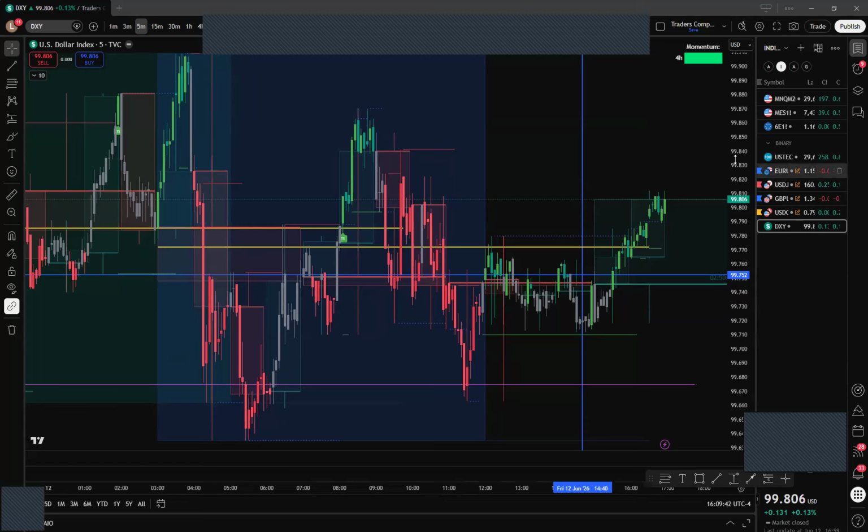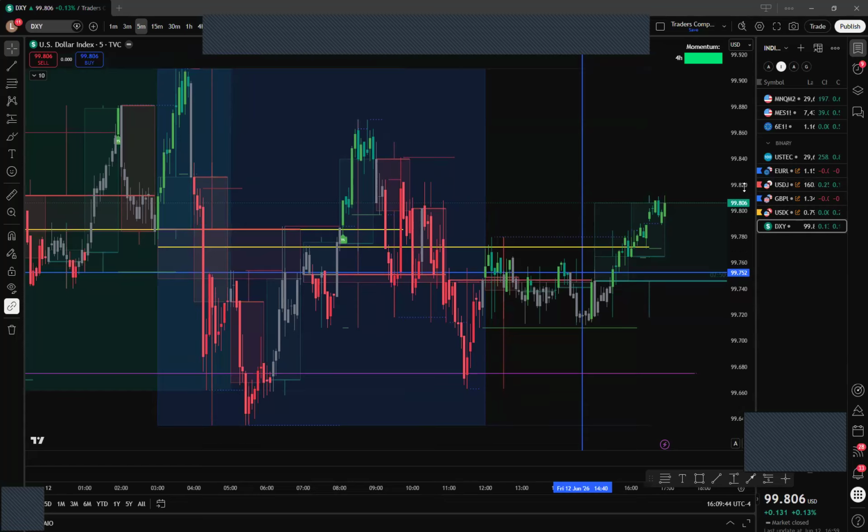The reason for that is the dollar index is made up of 57.6%, to be precise, of the euro. Even though it's a dollar index, it's made up of a basket of 6 currencies, with the euro being the most heavily weighted.